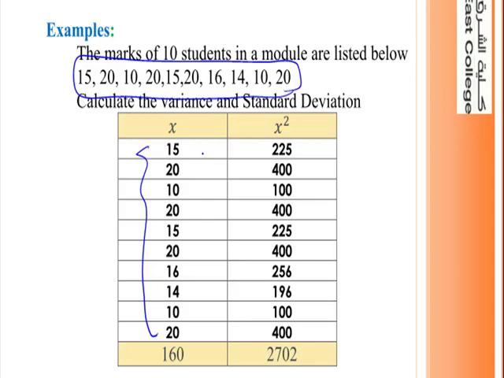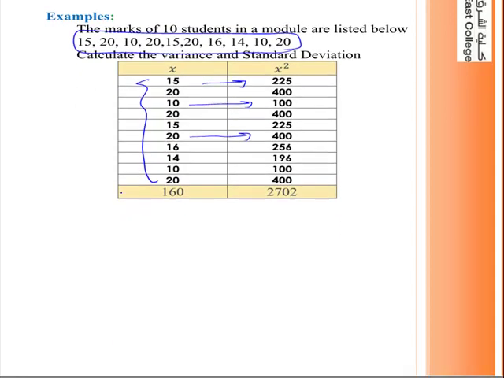It's similar to what I did: 15 squared is equal to 225, and 10 squared is equal to 100, 20 squared is equal to 400, and so on. By the end, find the sum of x and also the sum of x squared. Then you will be ready to find variance and standard deviation.